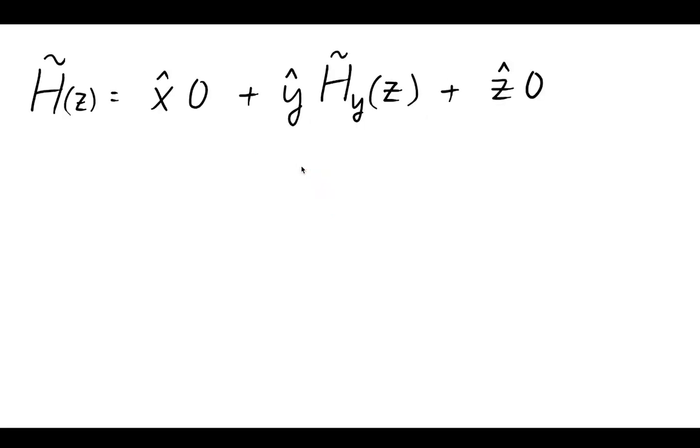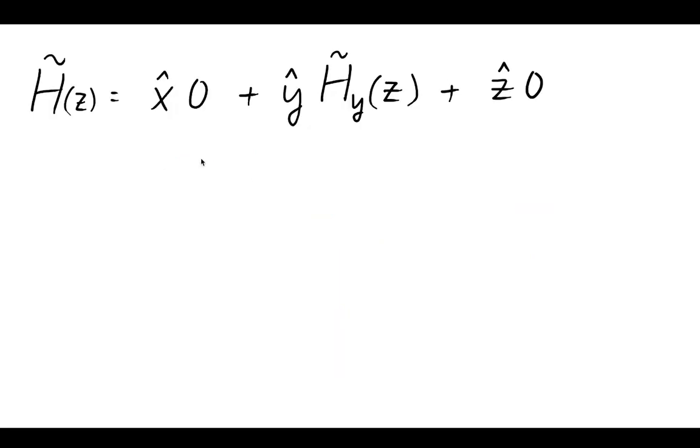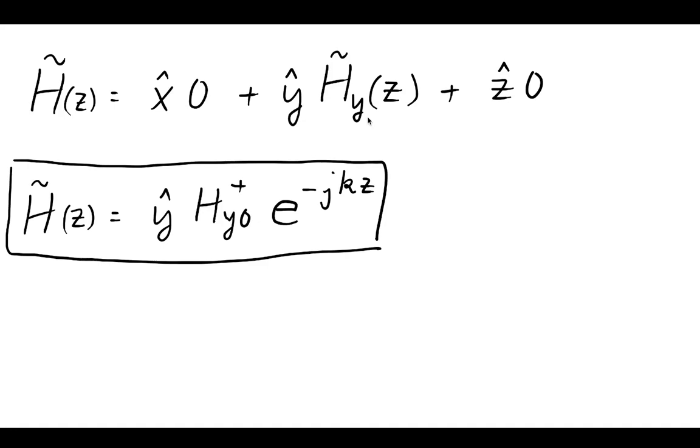All right, now this gives us, for the full phasor, if we go back from the scalar form, right? So this is the scalar, the magnitude in the y direction. If we go back now to our full phasor, which does have those vector components, we can see that we just derived this magnitude, and therefore the complete magnetic field is going to be in the y direction, which is in fact perpendicular to the electric field, and has this coefficient, which is a function of the electric field coefficient.